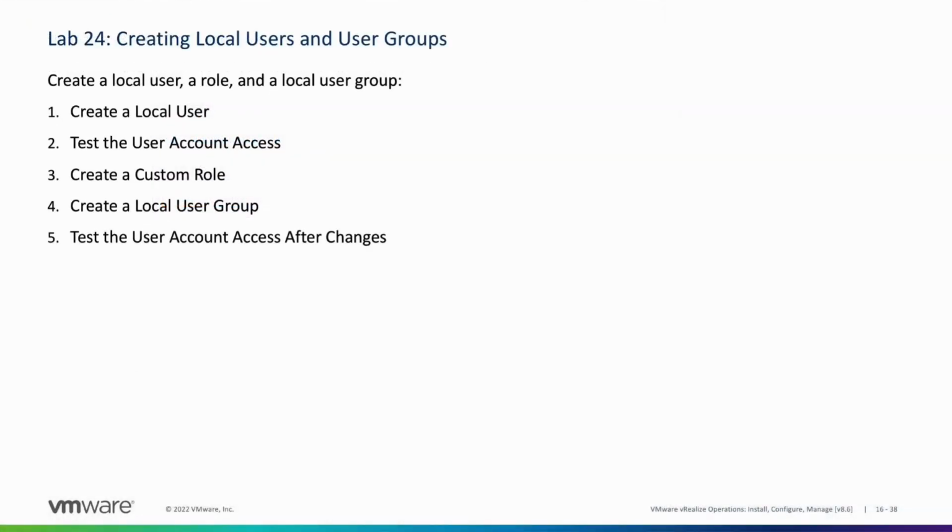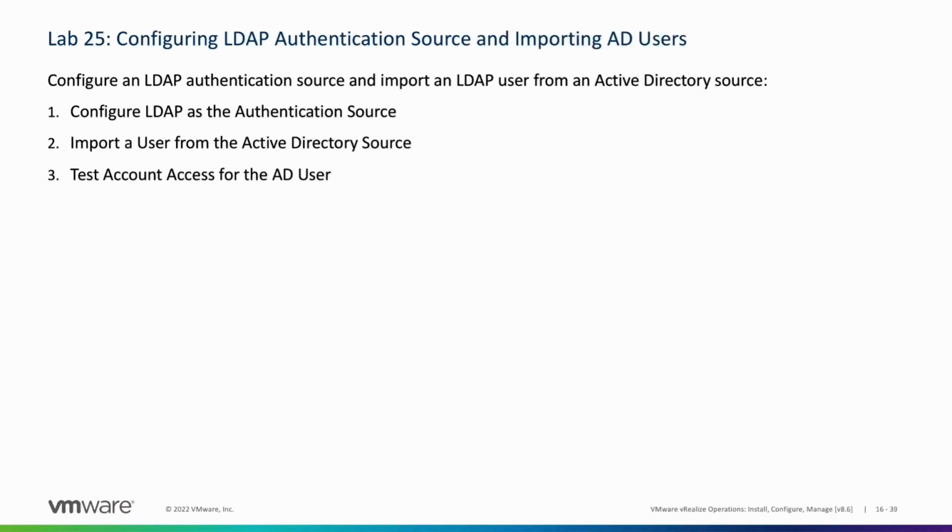We have a pair of labs for you to work on now. In this first lab, you're going to be working with local users and local groups. In the second lab, you're going to be working with LDAP users, which means you're going to need to create a connection to Active Directory. As a quick reminder, in our training lab environment, our Active Directory services are running on a machine called dc.vclass.local.